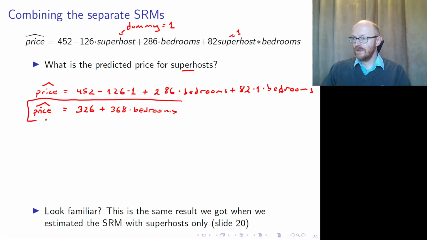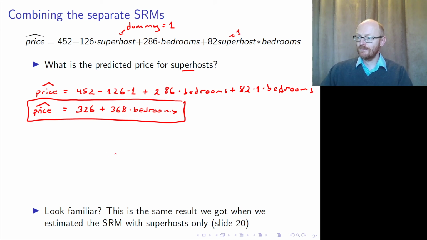So that would be the predicted price for superhosts. Okay, so actually this is the same result that you got when you estimated the simple regression model for superhosts only, and that should be at slide 19.